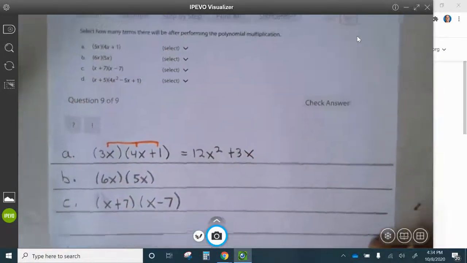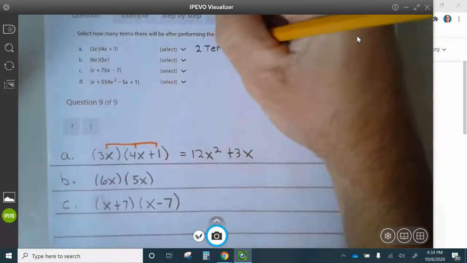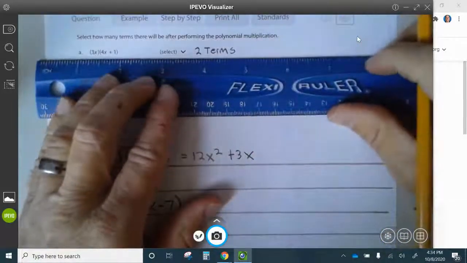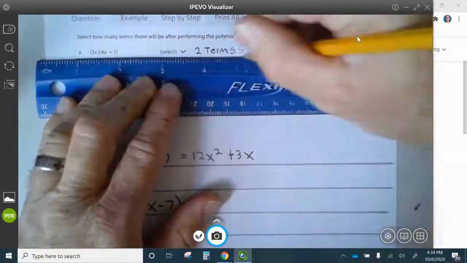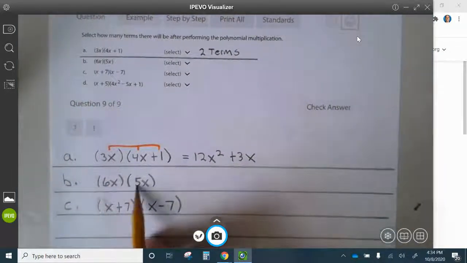6 times 5 is 30. x times x is x squared. Okay, so this is 1 term. Okay. Here we're going to FOIL.